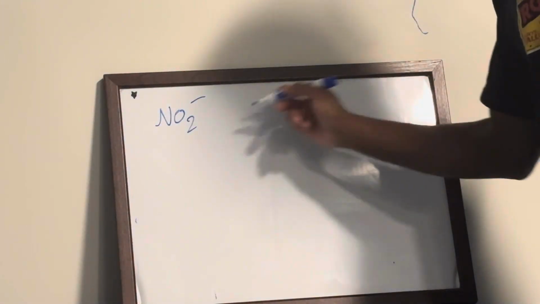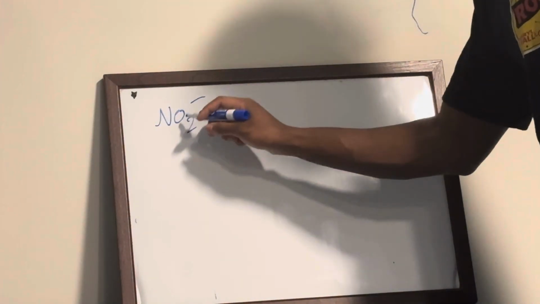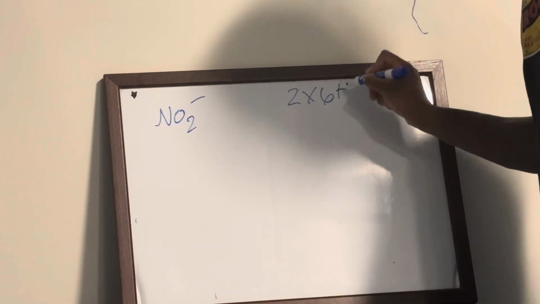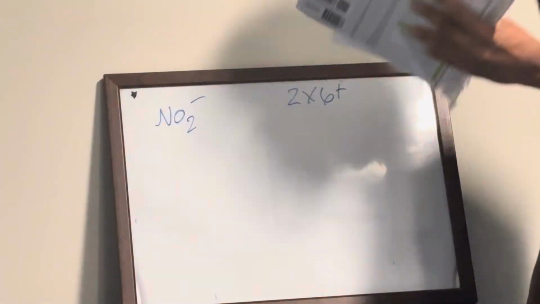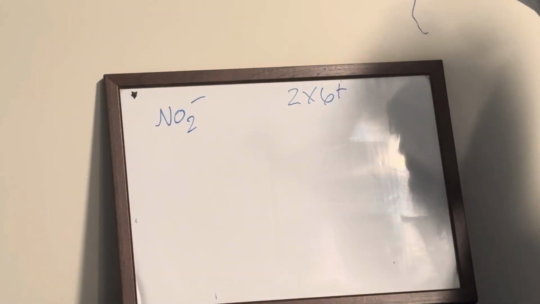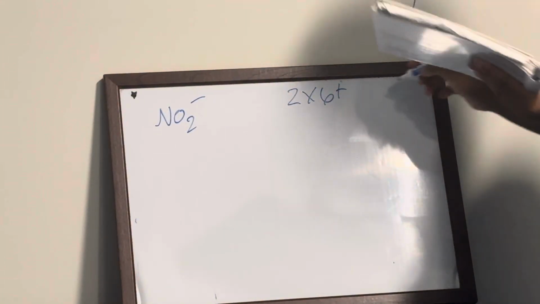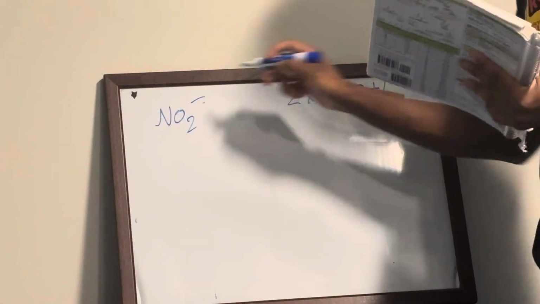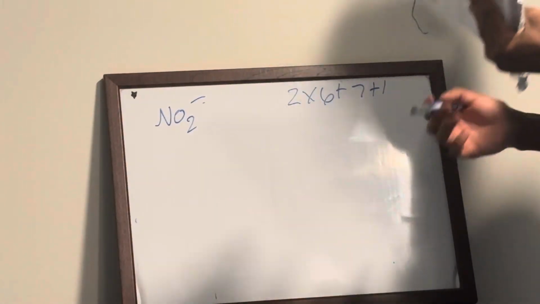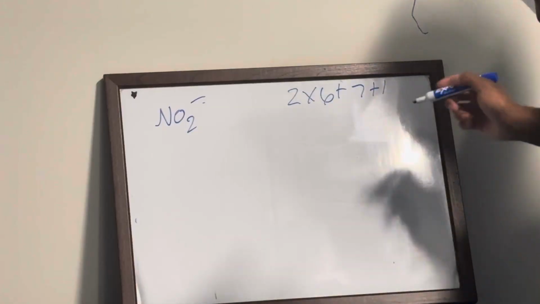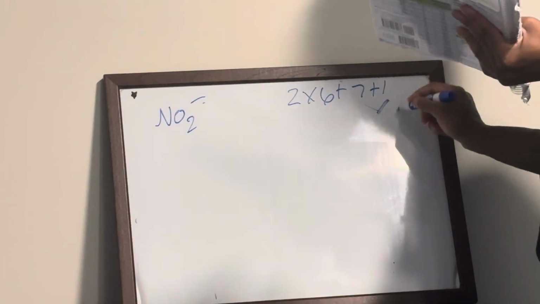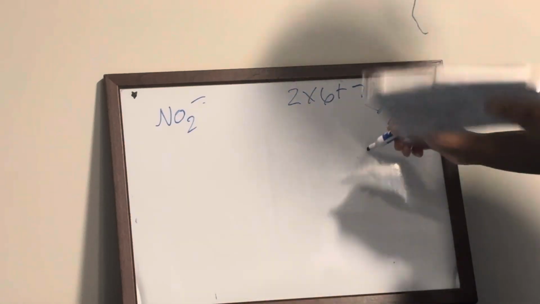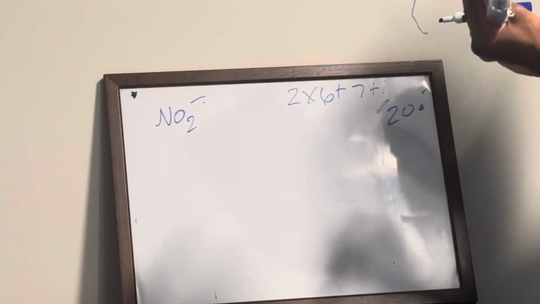So 2 O's, which is 2 times 6, plus N, which is 7, plus 1, that's 8. So this is really just 12 plus 8, which gives us 20 electrons. Okay, and then which one's in the middle?